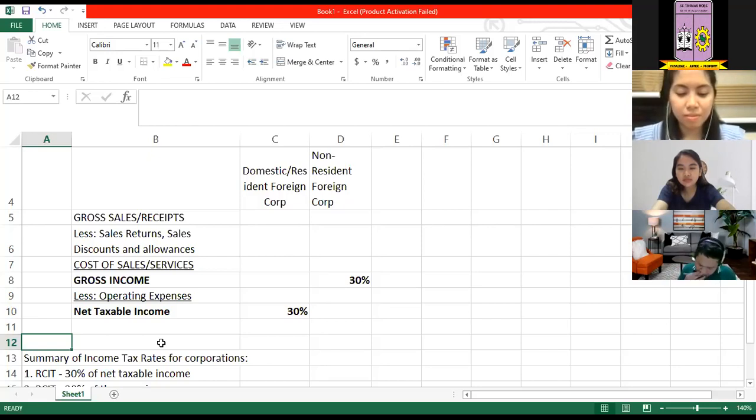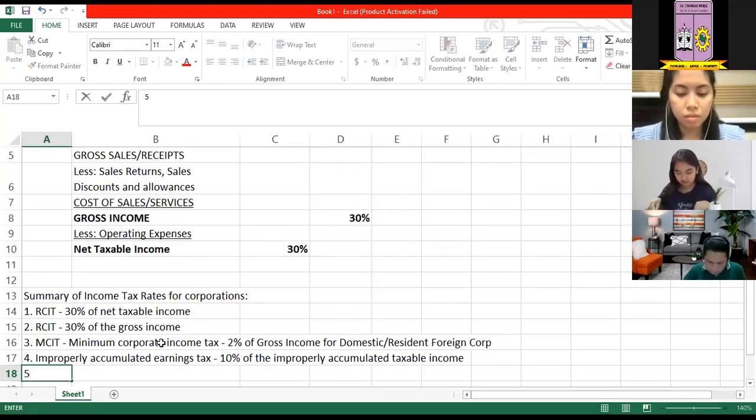Letter B. Section 27B. Ito yung sinasabi ko kanina na merong mga preferential tax rates, no? So we have proprietary educational institutions and hospitals.